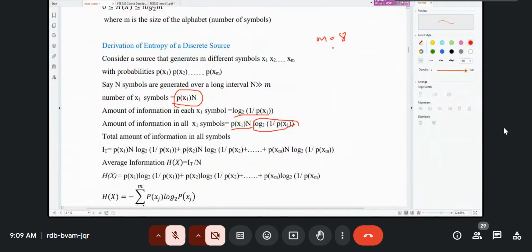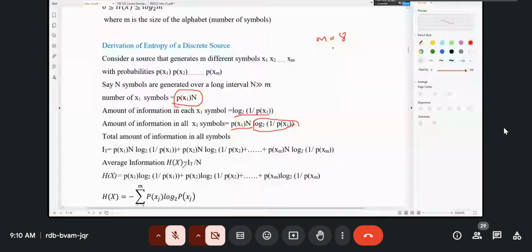N, that is the number of symbols x2, times the information carried by each of those symbols x2, and you go that way up to P(xM) N log2 1 over P(xM). So that is the total information.